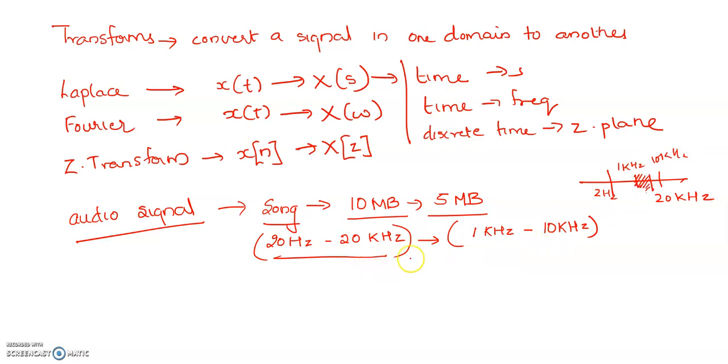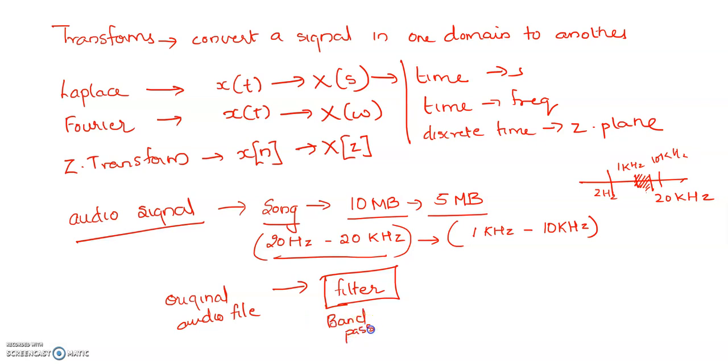You would have learned about different kinds of filters. You have an original audio file in the span of frequency mentioned previously, and you pass it through a filter. You have learned about band pass, band stop, high pass and low pass filters. The filter suitable here would be a band pass filter, designed for 1 kilohertz to 10 kilohertz as a theoretical concept.